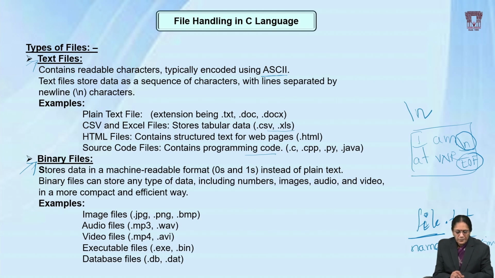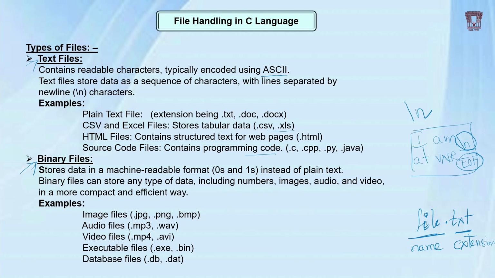For example, image files have an extension of .jpg, .png, .bmp like this, and audio files will have .mp3, .wav. If you are a music lover, you will be creating a folder and you will be storing all mp3 music files under the folders. Similarly, all video files are stored in the form of .mp4, .avi.